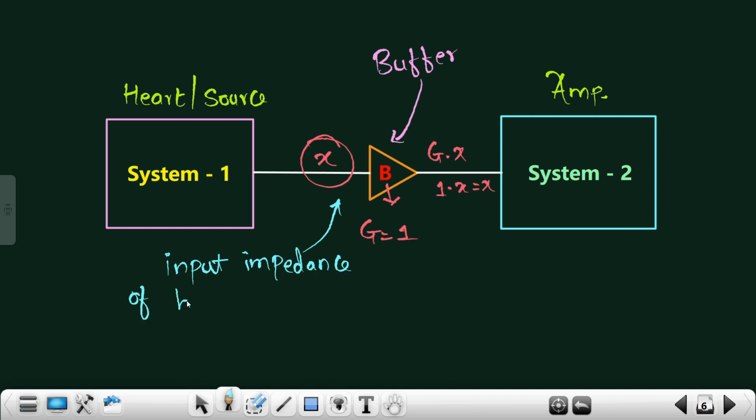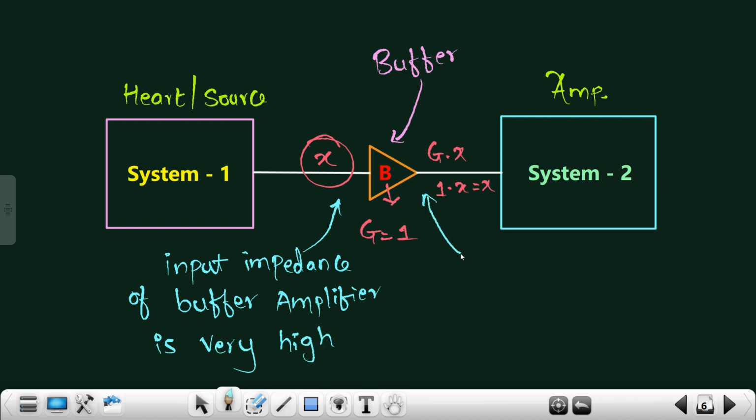The input impedance of buffer amplifier is very high, whereas the output impedance of buffer amplifier is very less. With this particular property only, it is able to deliver the signal fetched by the source to the amplifier. So I hope you understood what is buffer amplifier.